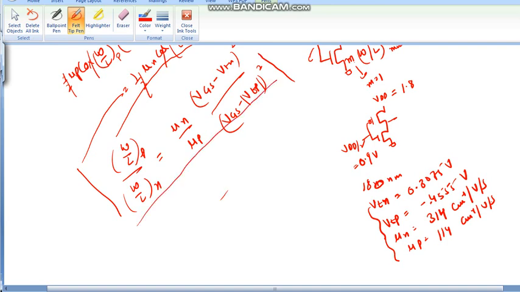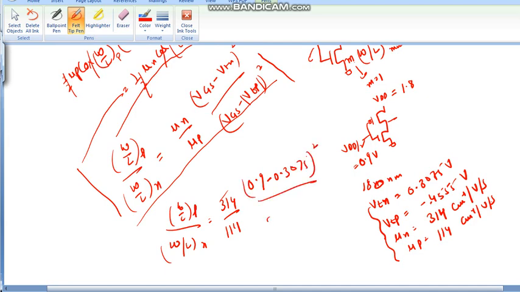So (W by L)P divided by (W by L)N equals 114.9 minus... (314/114) times (0.9 minus 0.3075) squared over (0.9 minus 0.455) squared, and this will come out like 5.